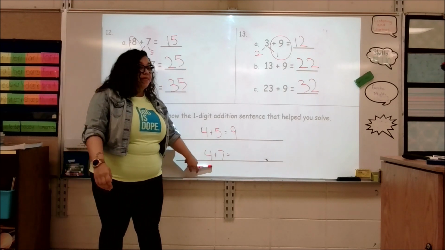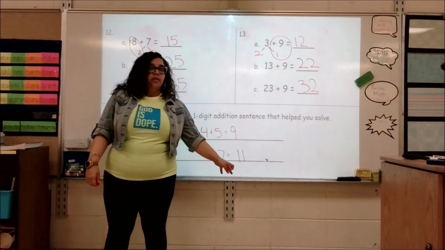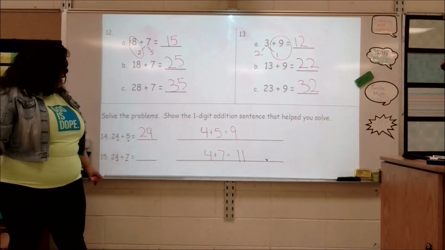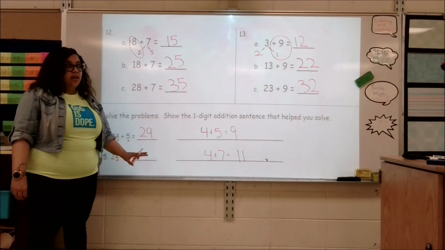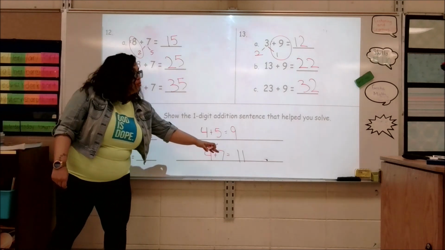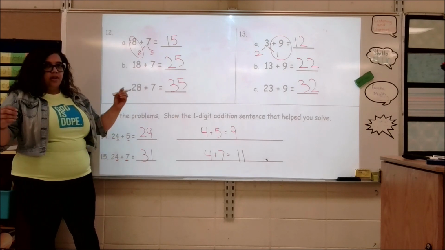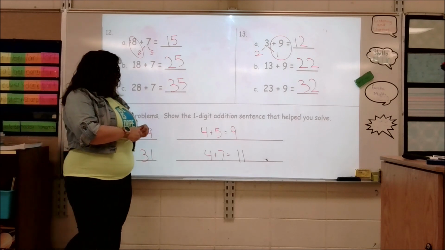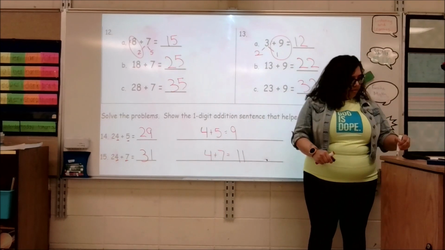So 4 and 7 equal 11, which means if 4 and 7 equal 11, then 24 and 7, adding 2 more groups of 10, equals 31. Good job.